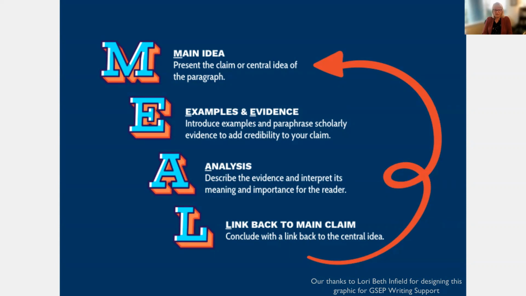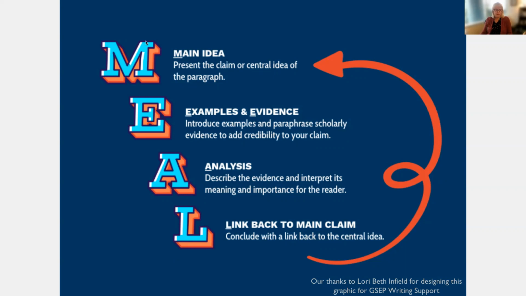It's called the MEAL plan, and this is an acronym that's been around a while to help students understand how to arrange and develop their paragraphs. So the idea here is that we have these four letters, and they stand for main idea, examples and evidence, analysis, and link back to the main claim.